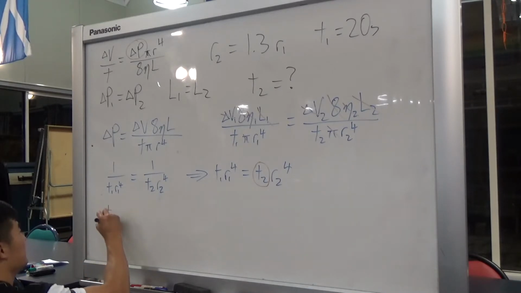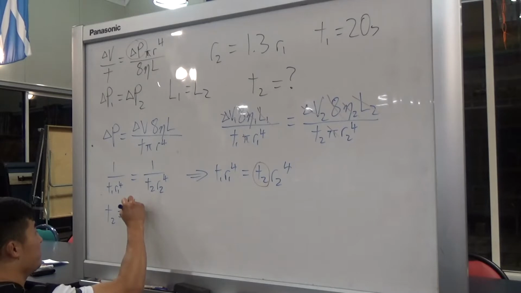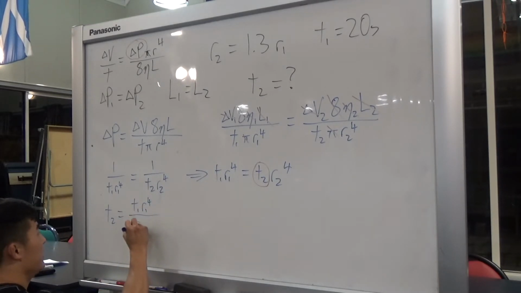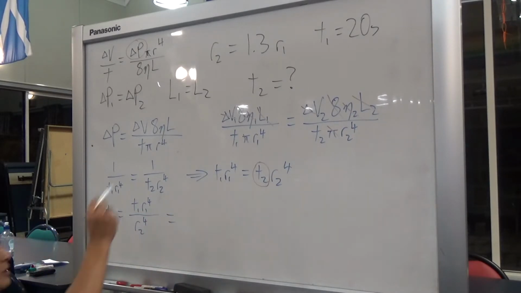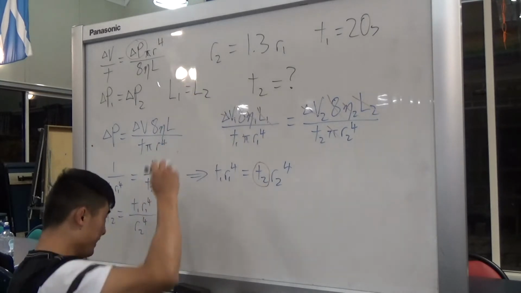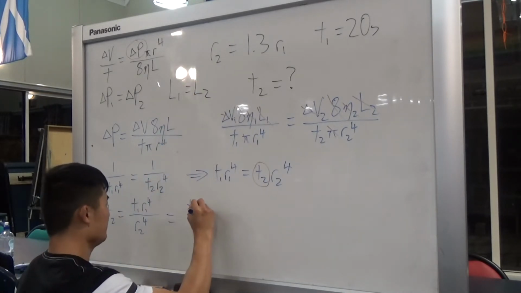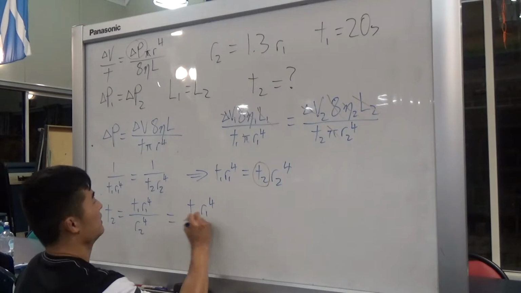So that's T2 is equal to T1 times R1 to the 4th power over R2 to the 4th power. Okay, and then remember we said R2 is equal to 1.3 R1. So now we're going to make that substitution.